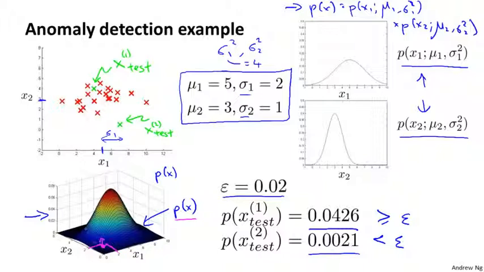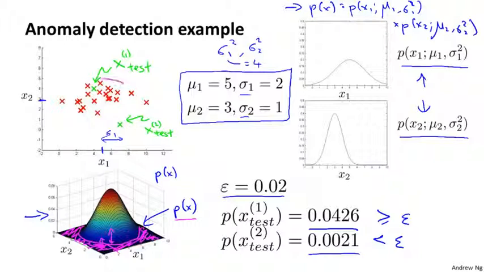What this is really saying is that if you look at this 3D surface plot, all the values of x1 and x2 that have a high height above the surface correspond to a non-anomalous, or okay, or normal example, whereas all the points far out here have very low probability, and so we're going to flag those points as anomalous.